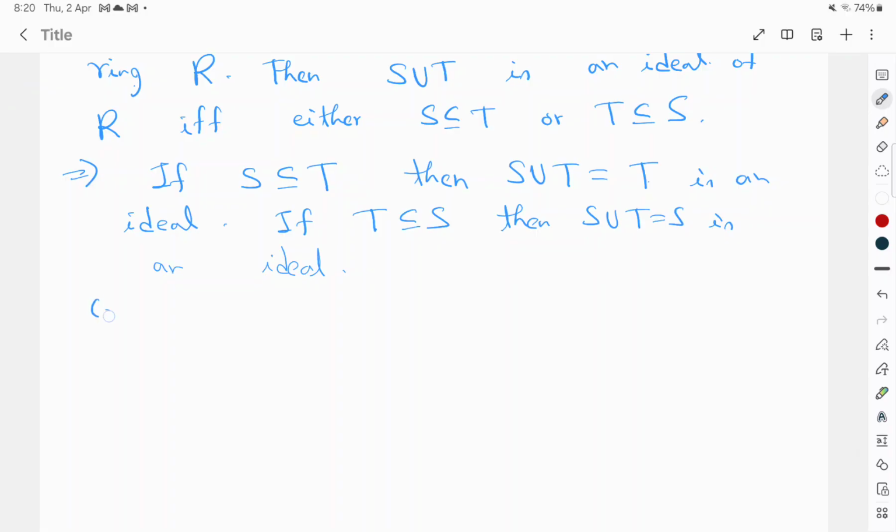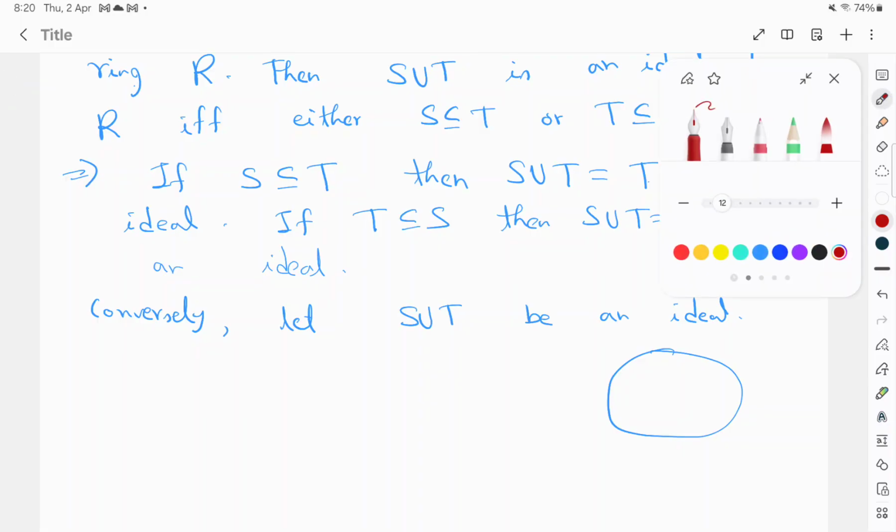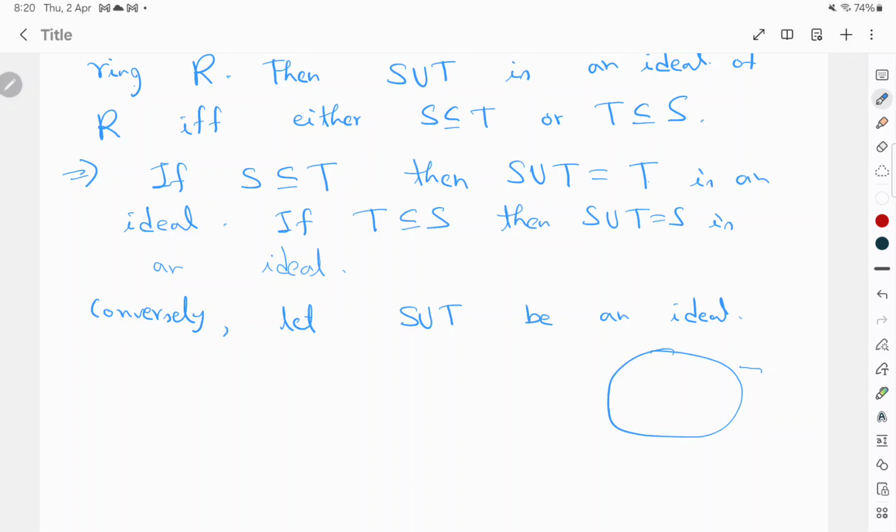Now conversely, let S union T be an ideal. If S union T is an ideal, what you have to prove basically is: if this is your S, then T is like this, right?